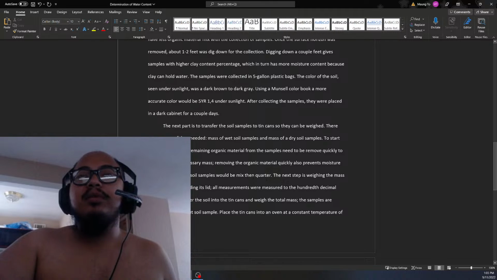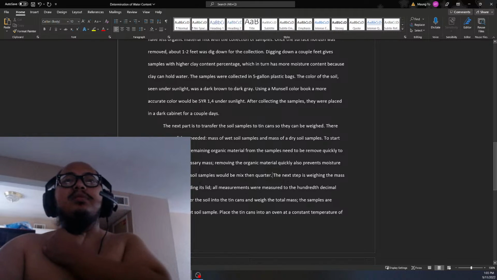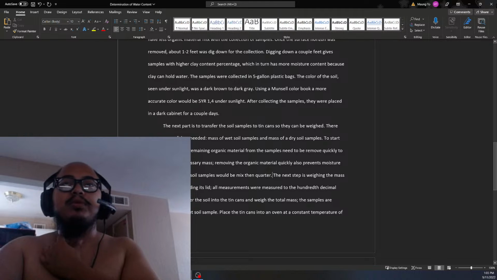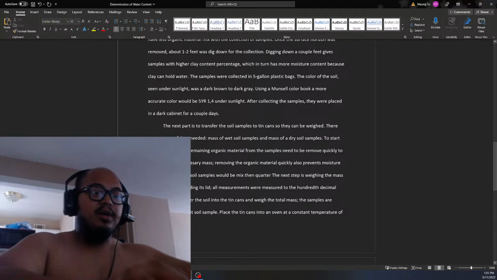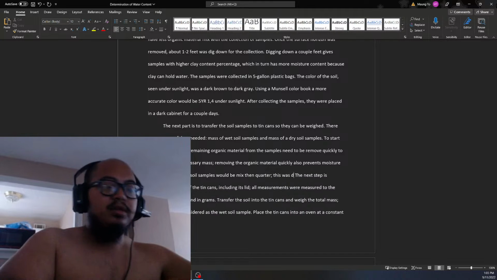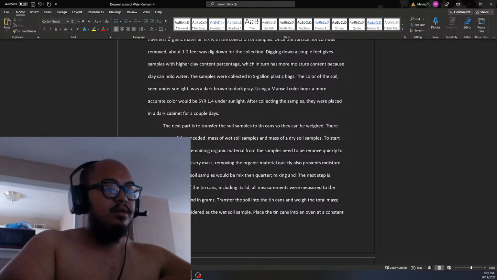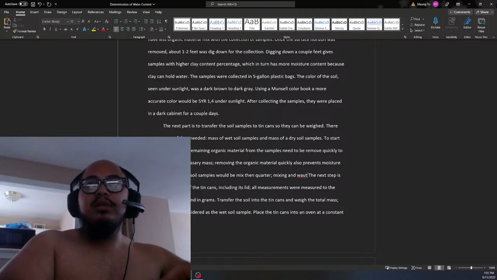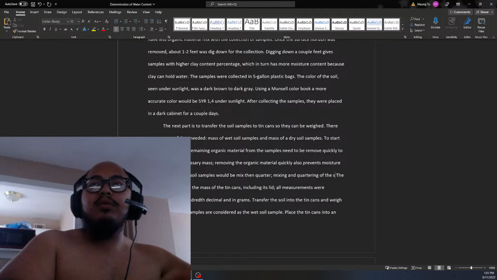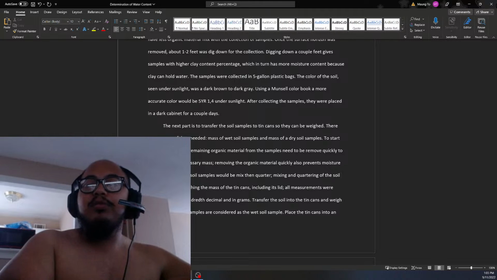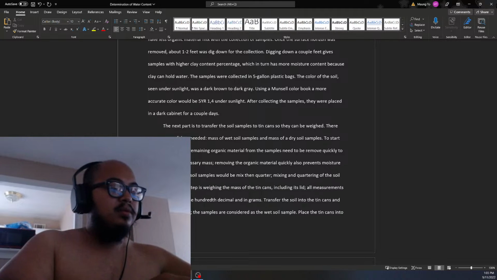Mixing and quartering of the soil was done 3 times.